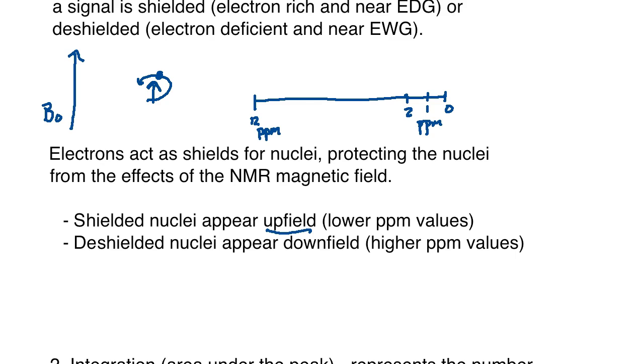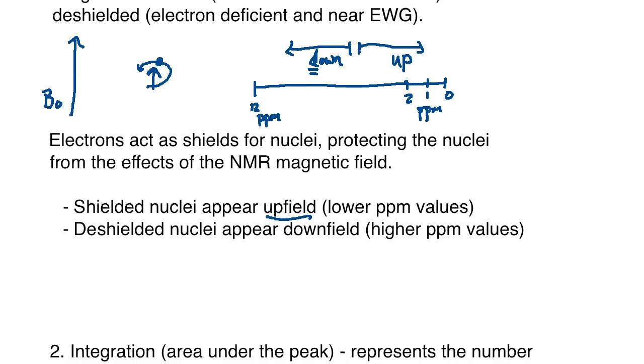And when you're looking at this way is considered upfield. This would be things that are shielded by electrons. And when things become deshielded by electrons, they go downfield. If you ever get confused with this, just remember D-shield and downfield, okay, because D and D go together like that. So shielded nuclei appear upfield with lower ppm values, and deshielded nuclei will appear downfield at higher ppm values.